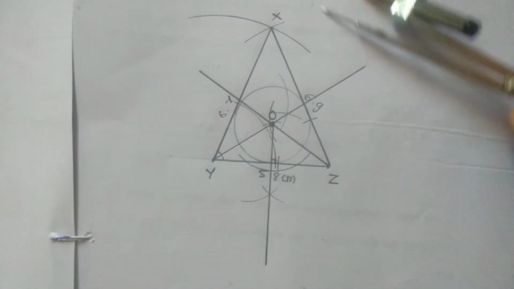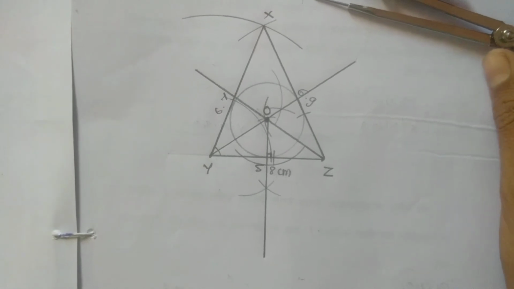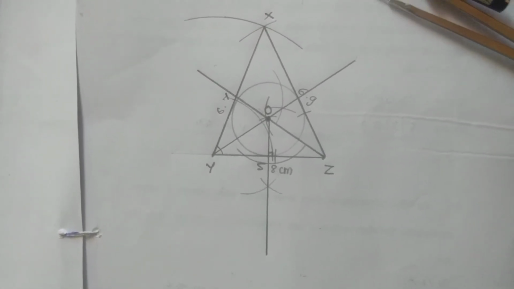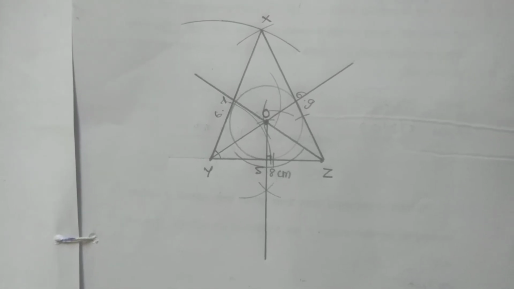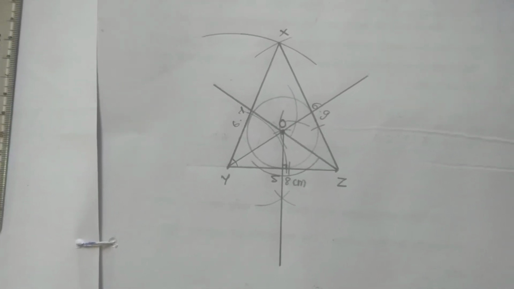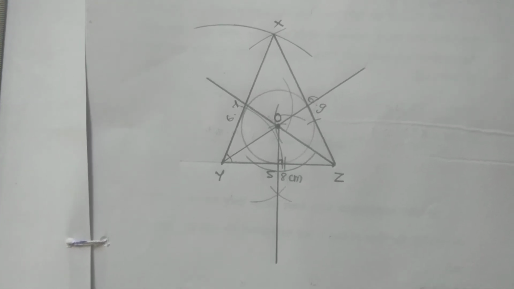Now here the InCircle is drawn. The steps were easy, but quite difficult, because in the previous one we did the side bisector, and in this we have done the angle bisector.